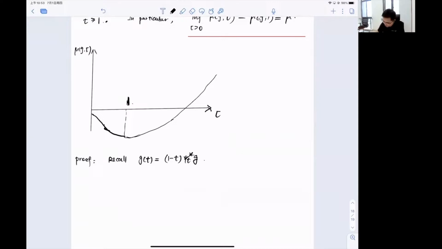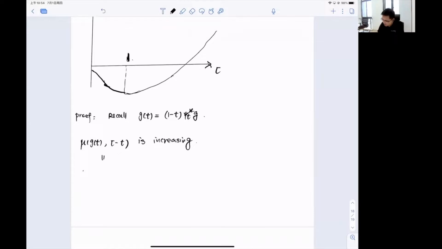Since we know that mu g_t, tau minus t is increasing, as long as it's defined, that means if we replace g_t with (1 minus t) psi_t star g, this mu (1 minus t) psi_t star g, tau minus t is also increasing.